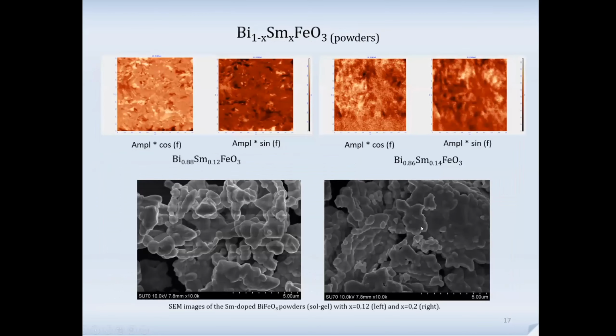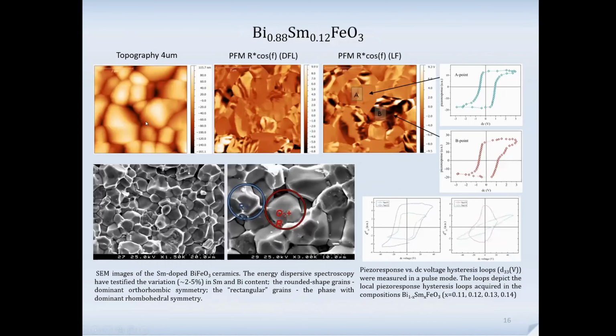And for powders, or for compounds prepared by the sol-gel method, the situation is more difficult. Why? That's the question. These images show the PFM contrast with a scale of about 2 microns. Here we have big grains.